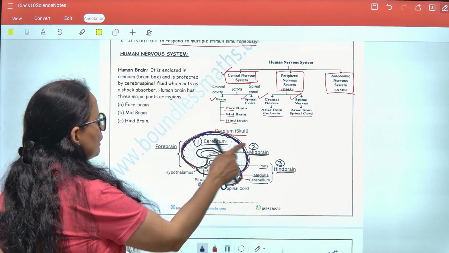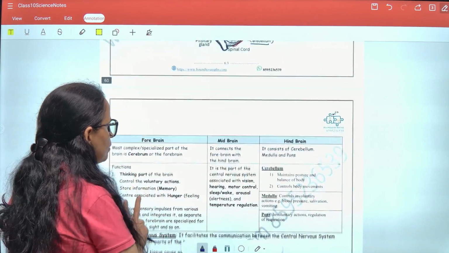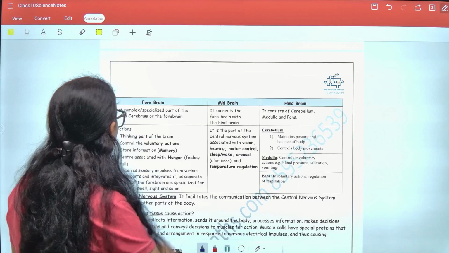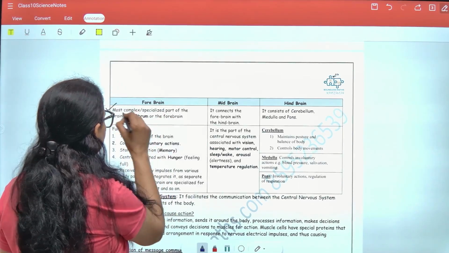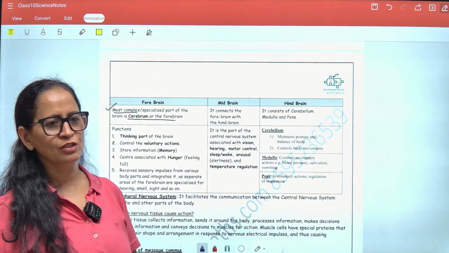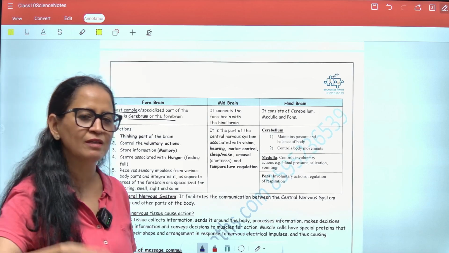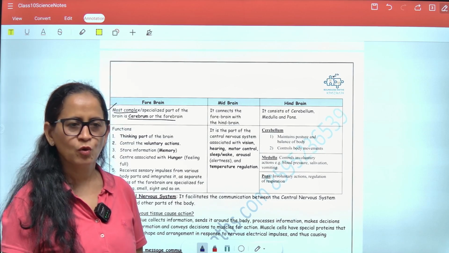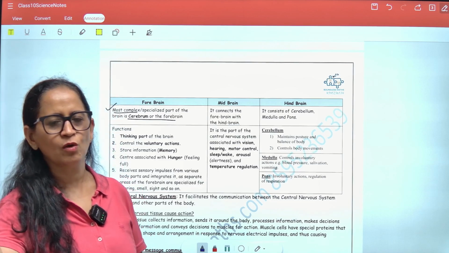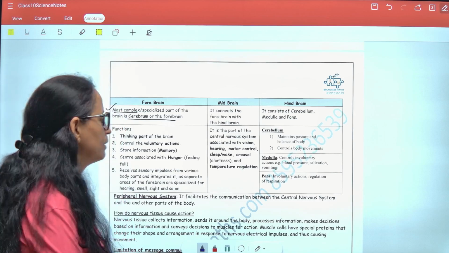So these are the three main parts of the brain, and now let's look at the functions of these three parts. The forebrain is the most complex part of the brain where all the information is stored, all the information processing centers are there, all the memory is part of the cerebrum. So all our thinking, thought process, all our information centers, everything is there in the cerebrum or the forebrain.